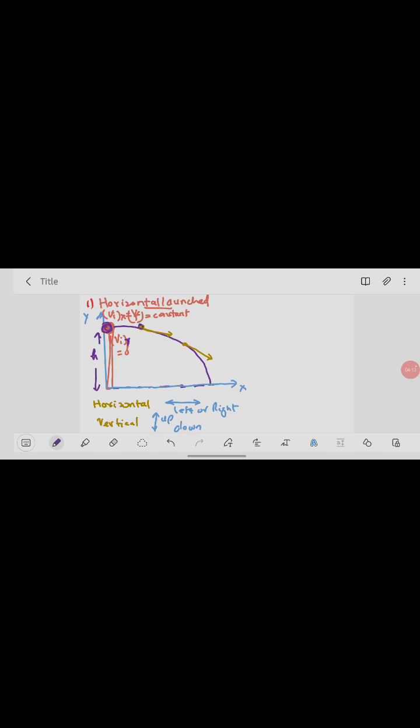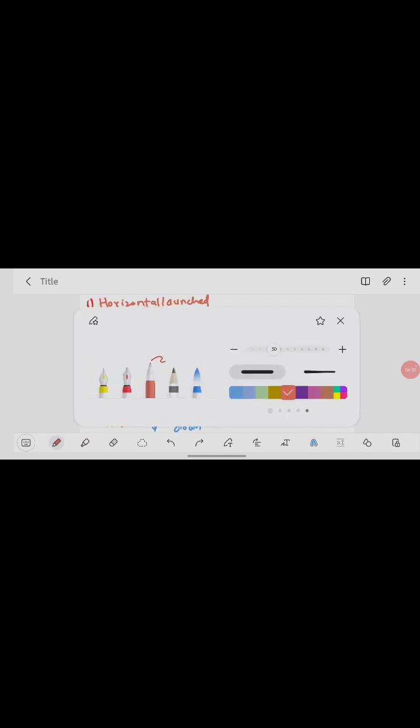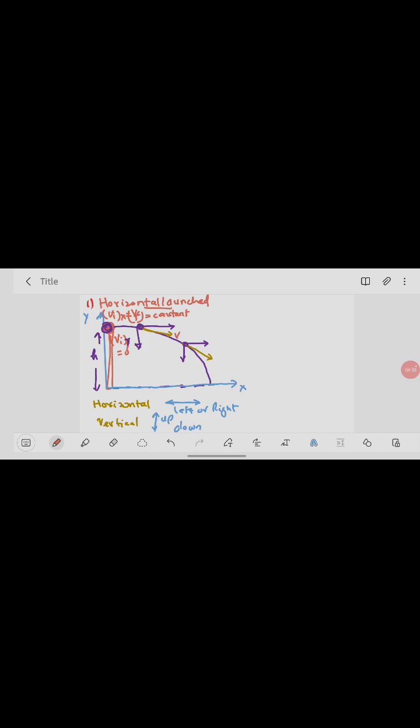Now the object reached here. You can draw the component x and the component y. If the velocity is v, this component will be vx and this component will be vy.